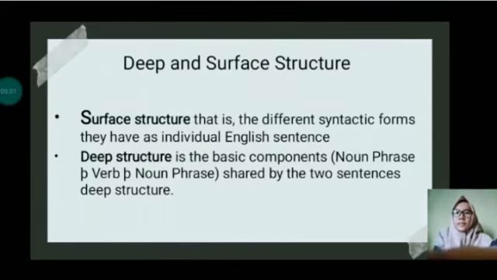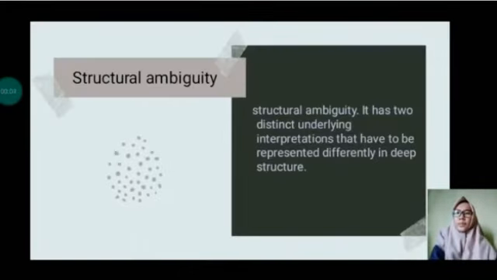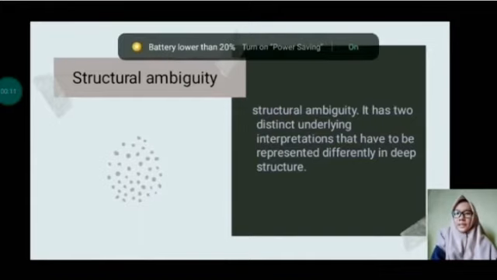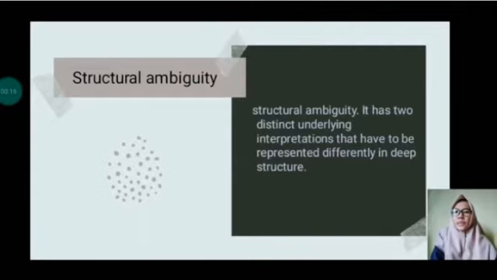The next is structural ambiguity. Structural ambiguity is when there are two or more possible meanings. It has two distinct underlying interpretations that have to be represented differently in deep structure. For example, say that we have two distinct deep structures. The first expression is Annie had an umbrella and she bumped into a man with it.